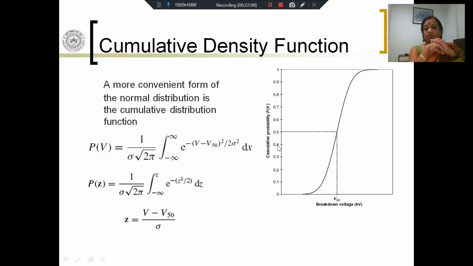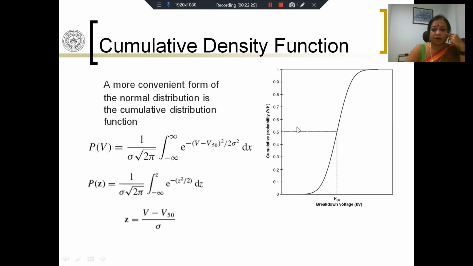So here we are not really interested in the probability of failure at a particular voltage. We are interested in the probability of failure or probability of withstand at that voltage, which means we are interested in all the probabilities of failure at values below that level.